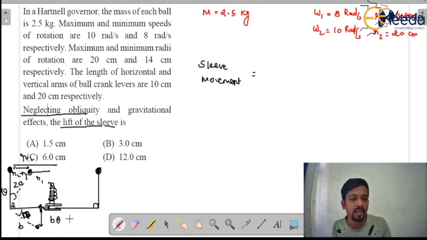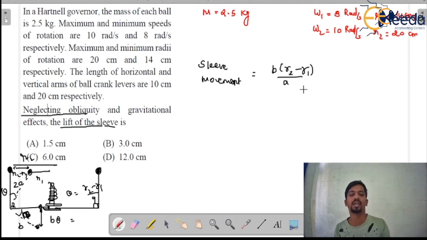So theta will be equal to r2 minus r1 upon a. Finally the sleeve movement becomes b into theta, where theta is r2 minus r1 upon a.